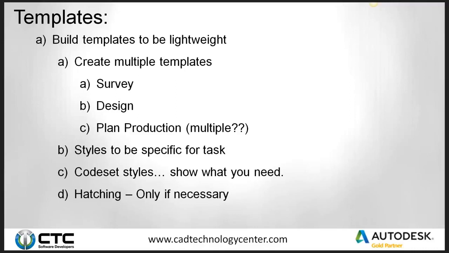If you start big, you're only going to go bigger. So it's definitely create multiple templates, and have the styles in your templates specific to that template that you're using. Don't have styles in there that are just taking up space, making your template larger in size just because.